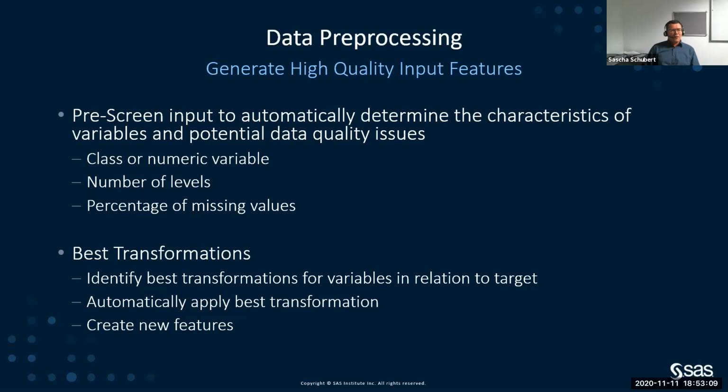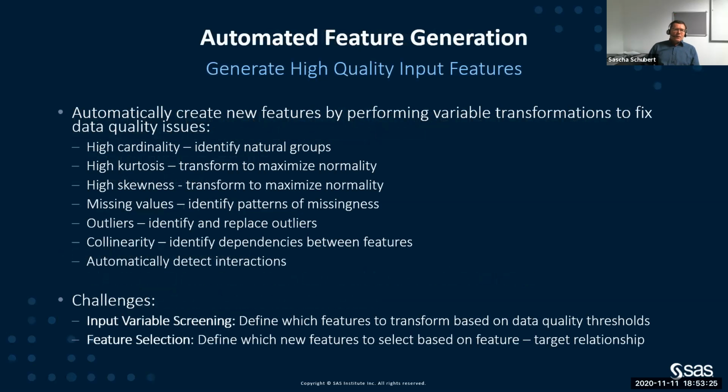All these questions a data scientist needs to answer, and obviously automation and intelligence in the background of that automation can help to answer those questions and fix the issues. And basically the next step from that is automated feature generation.